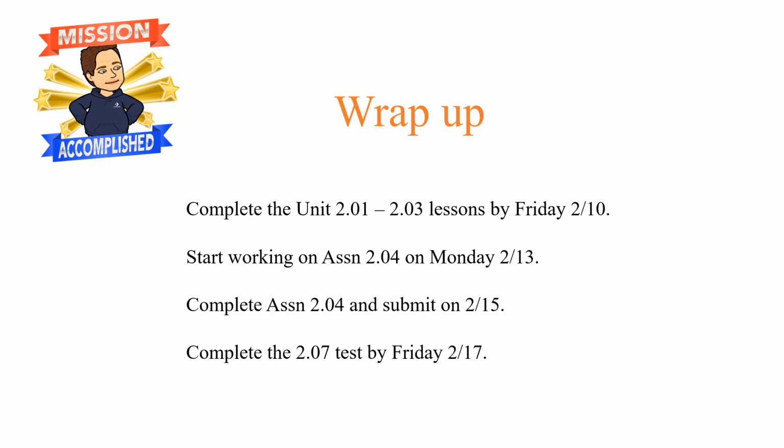It should be completed by tomorrow, February 15th. So assignment 2.4 is due on February 15th. Complete the 2.7 test by February 17th. That's Friday. Next week, I will be introducing the Unit 3 materials and what we're going to be doing for Unit 3, getting ready to and making progress to build our website.